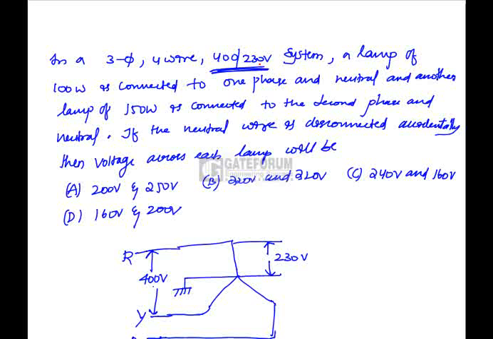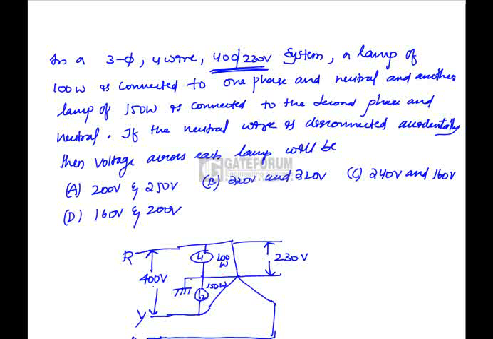A lamp of 100 watt is connected between one phase and neutral. Let us take lamp 1 connected between these two, with a rating of 100 watt. Similarly, lamp 2 is connected between another phase and neutral, with a rating of 150 watt.